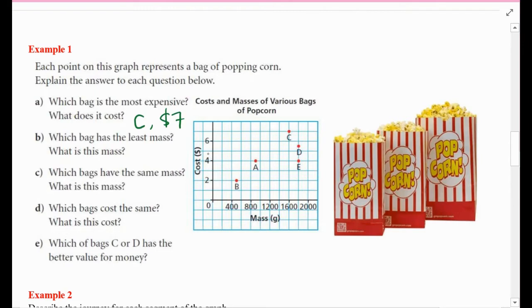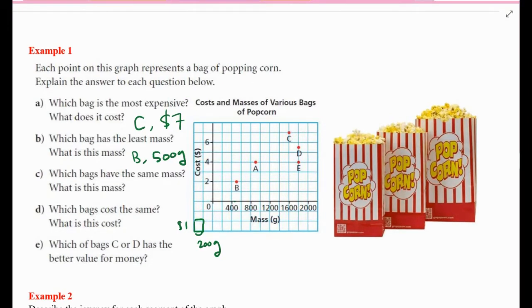Which bag has the least mass? That is B, and the mass is 500 gram. You have to look at the scale again. Each box is 200 gram and $1, so half a box is 100 gram. Therefore B is 500 gram.